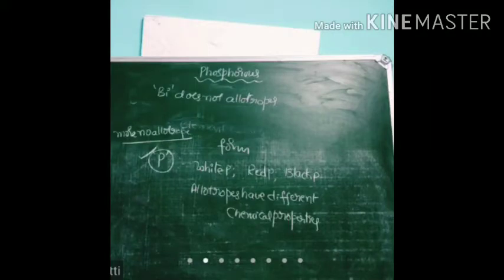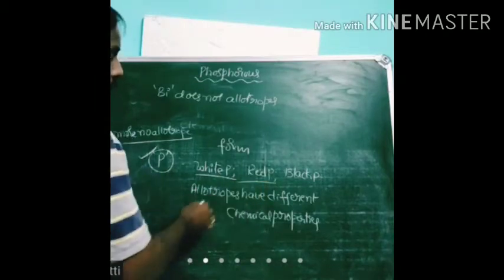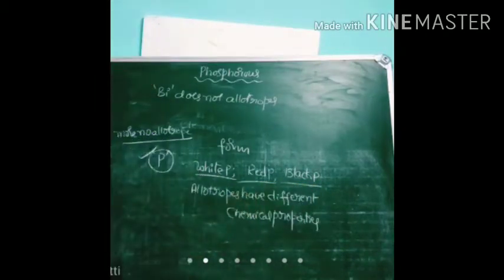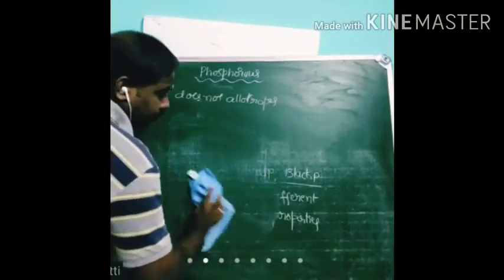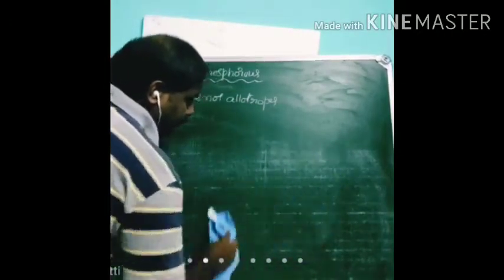So what type of allotropes are formed by phosphorus? White phosphorus, red phosphorus, black phosphorus. Among these three allotropes, the more reactive allotrope is white phosphorus.